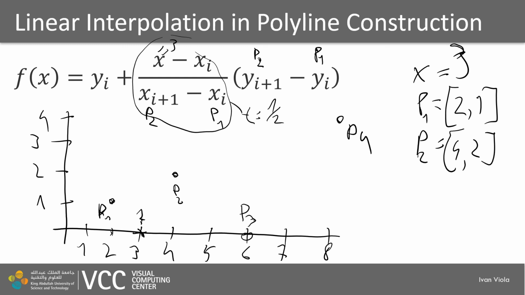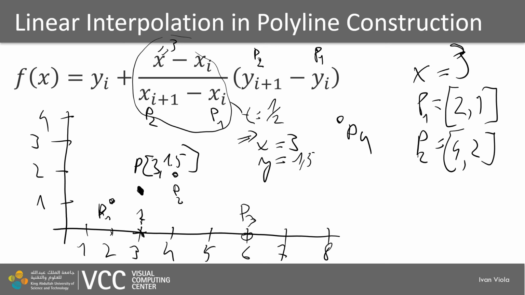So 2 minus 1 is 1, and 1 plus 0.5 times 1, so 1 plus 0.5 equals 1.5. So x equals 3, y equals 1.5. We can see that this formula allows us to interpolate the points, and we have gained a new point here, which is the point at the position 3, 1.5.